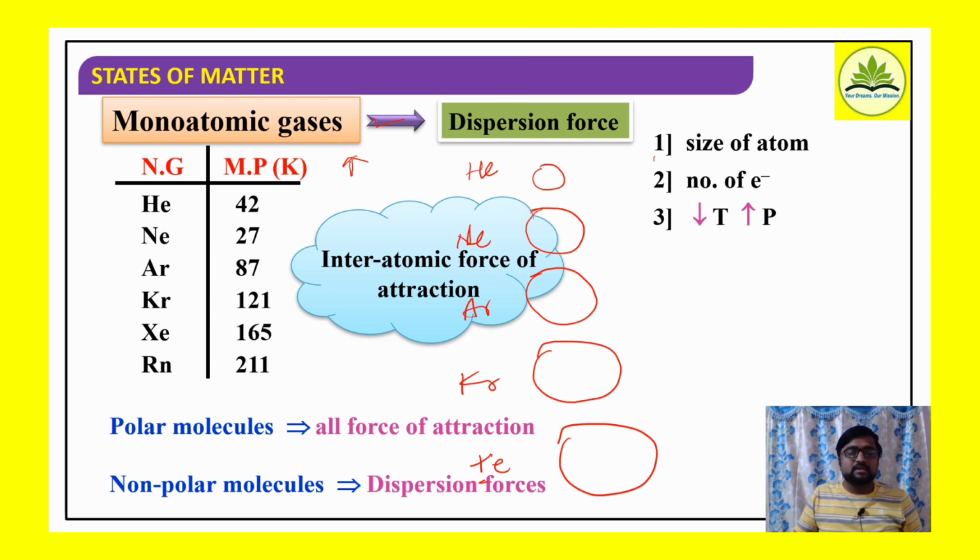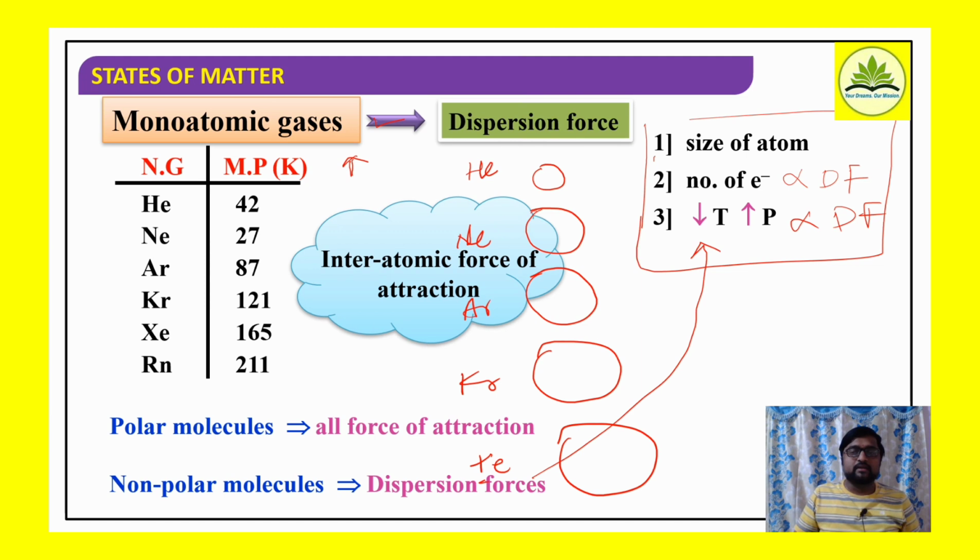At these conditions, dispersion forces will be more. More the size, more is the dispersion force; more the number of electrons, more is the dispersion force. At low temperature and high pressure, dispersion force will be more. Please remember this. It's about factors affecting the dispersion forces, or London forces of attraction.